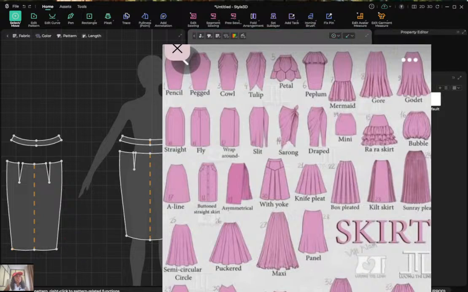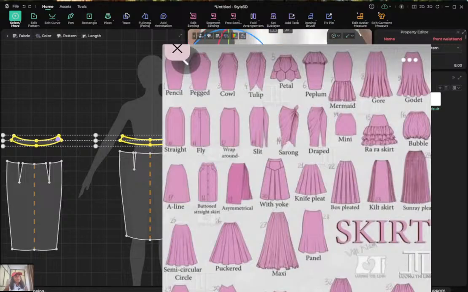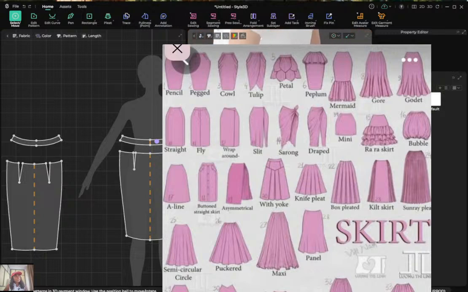For some reason the waistband is below, so let me bring it up. Let's do that one more time. Why is it like this?